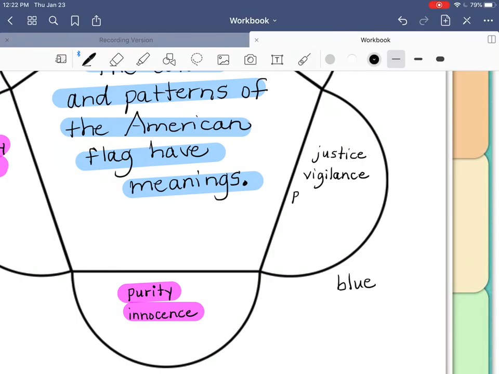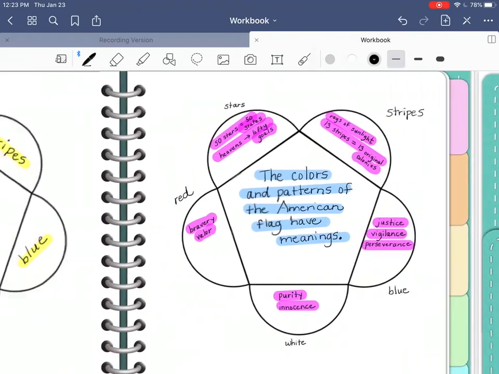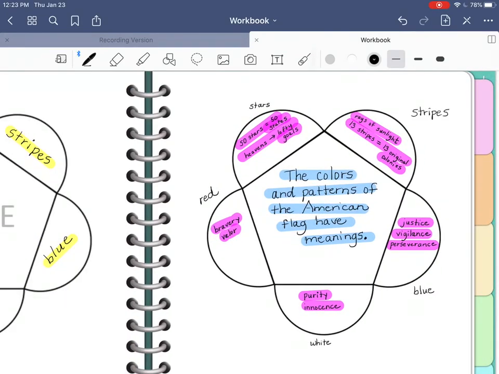And perseverance, never, ever giving up. So that color blue represents those three things: justice, careful watching, and never giving up. So when I say to you that the colors and patterns of the American flag have meanings, this is what they mean. This is the information that I am trying to get you to comprehend.